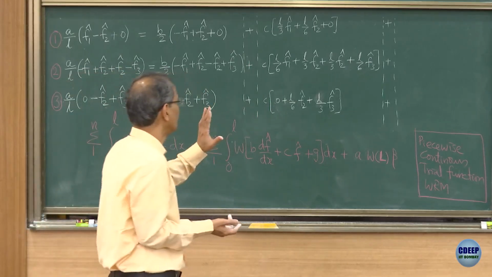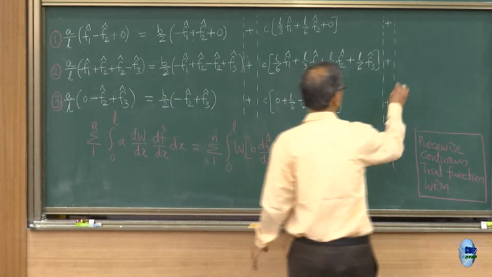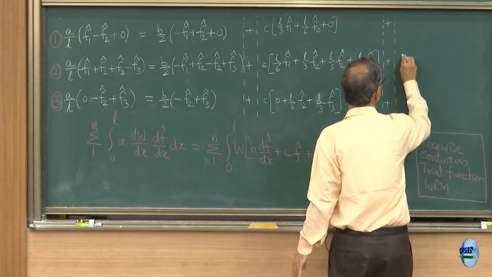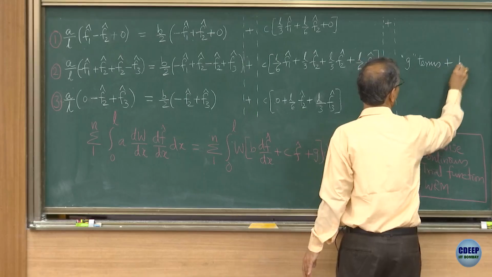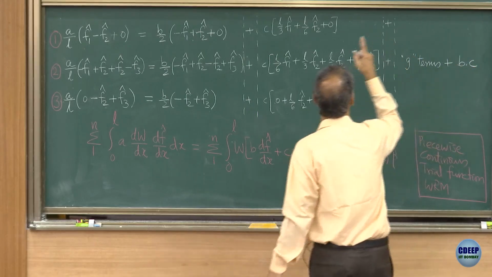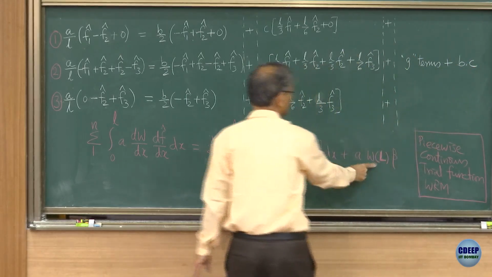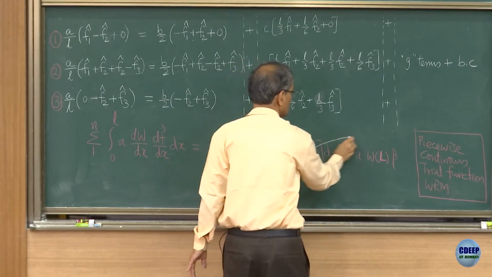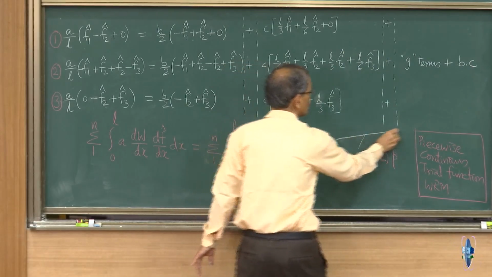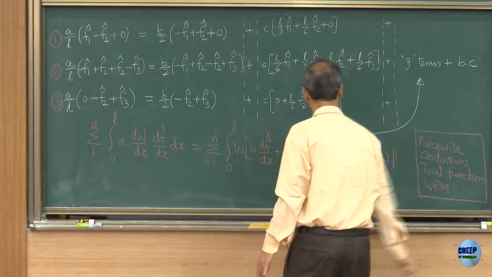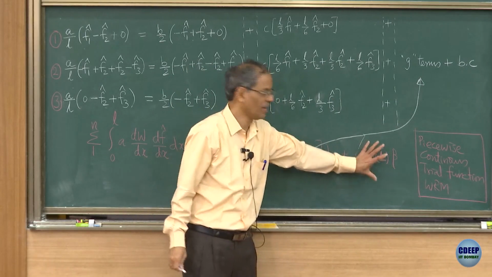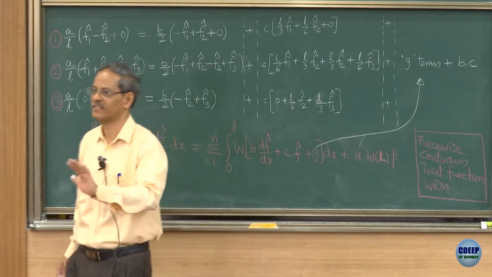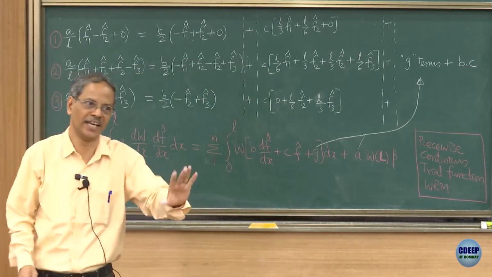So we will hold it on. So G terms plus boundary condition will be here. This G terms and then this boundary term, I am not going to make headway right now. So let it be like that.